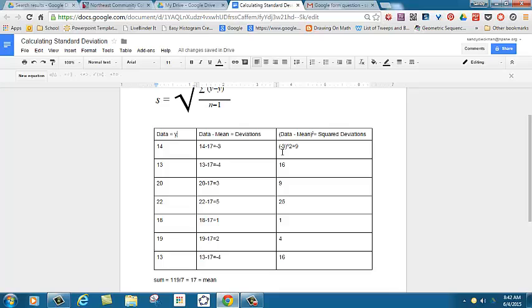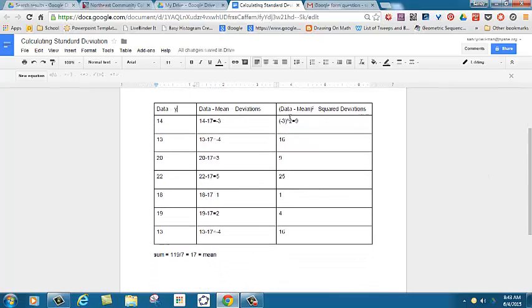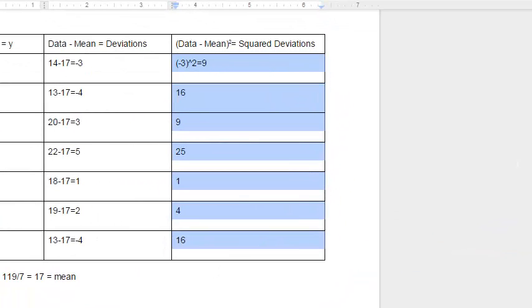And when I squared it, I'm basically finding what this parenthesis right here is. Then this little funny looking E symbol here means summation. And so I'm going to take the sum of this last column right here.